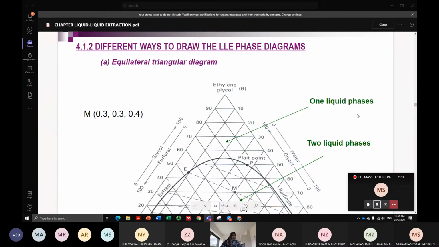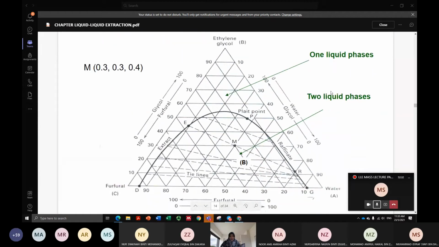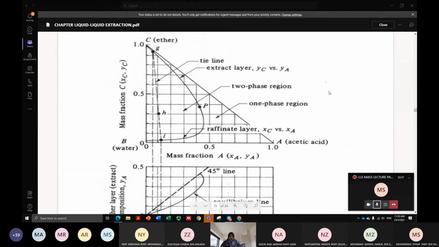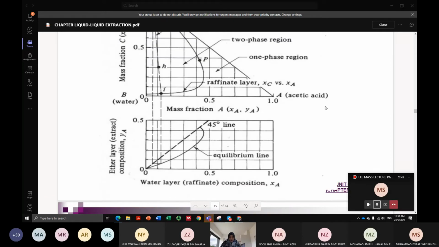All right, welcome back. Let's continue on the graphical method of solving the questions. Today is a very important topic, because you need to have this information before you can proceed doing the questions.